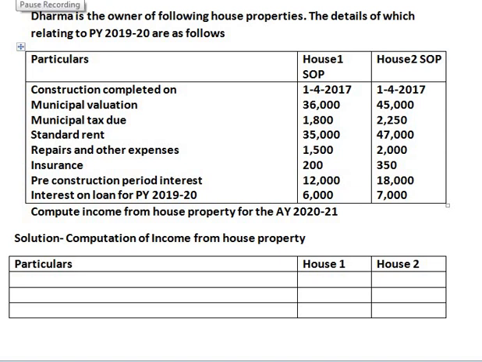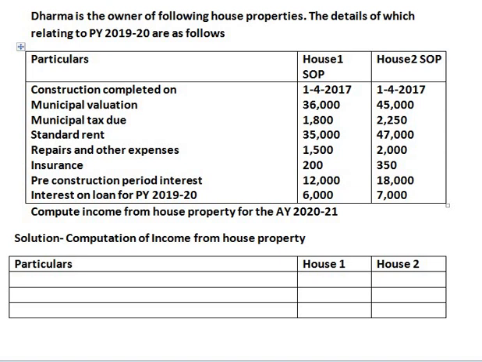Hello everyone. In today's class we are going to solve one sum on income from house property. And the sum is: Dharma is the owner of the following house properties, and the details relating to the previous year 2019-20 are as follows.